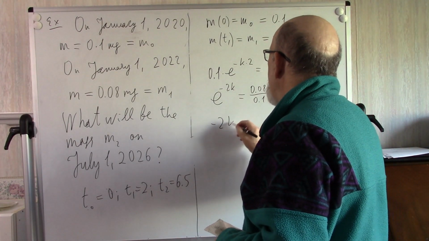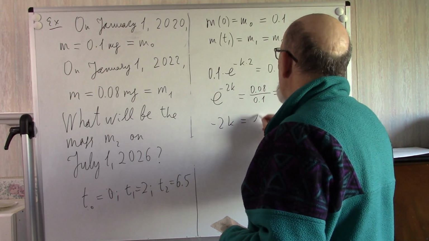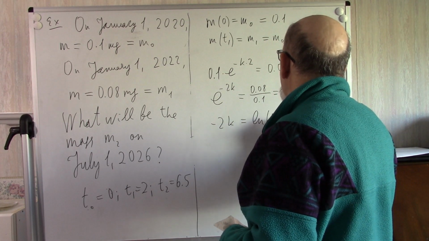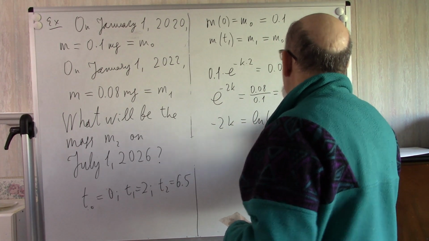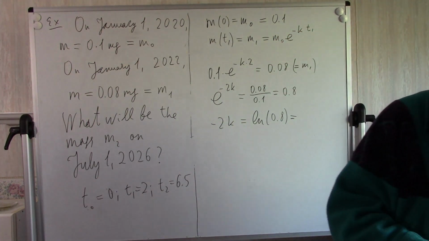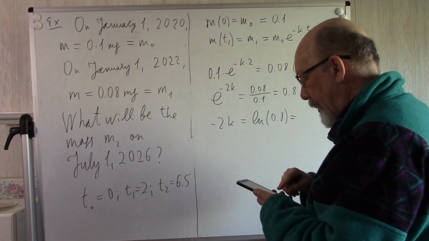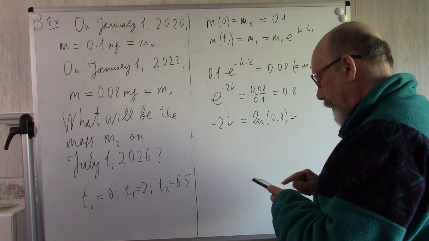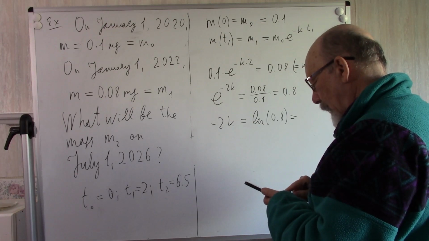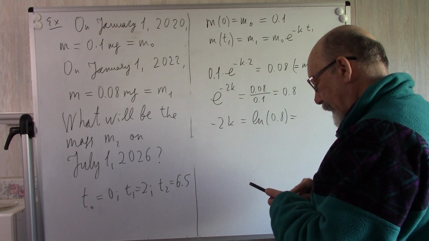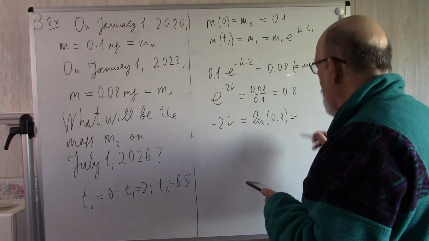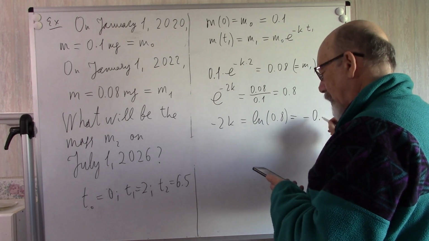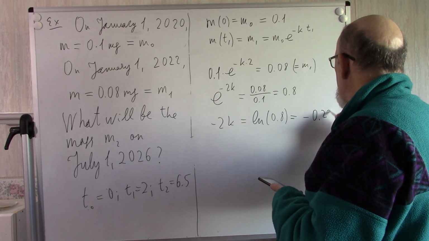Minus 2K equals logarithm of 0.8, which equals minus 0.223.